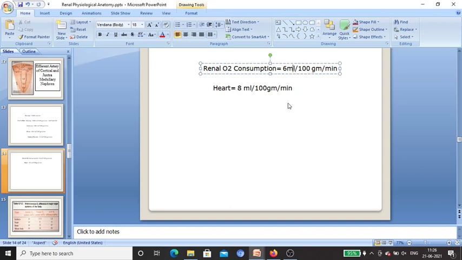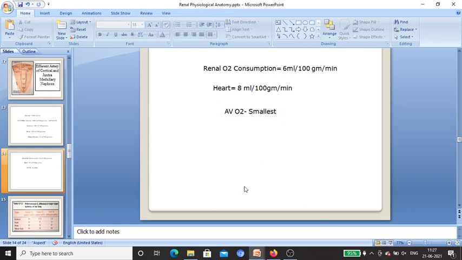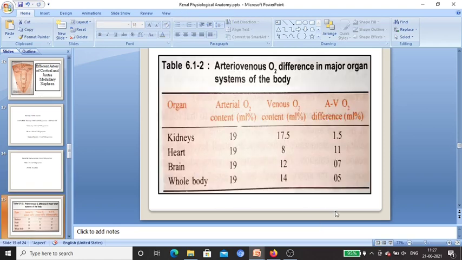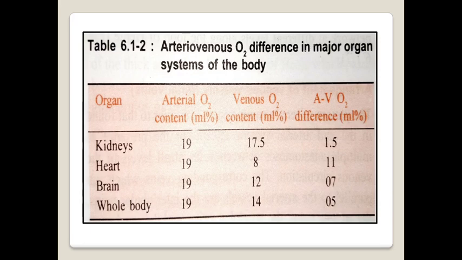What about the arteriovenous difference of the blood? Arteriovenous oxygen difference is smallest in the kidney. If we see this slide, this is the arteriovenous oxygen difference in major organ systems of the body.